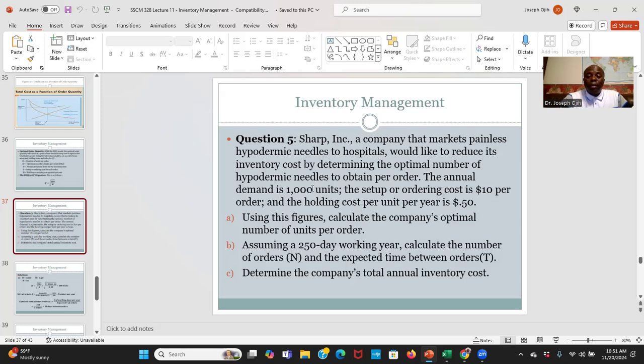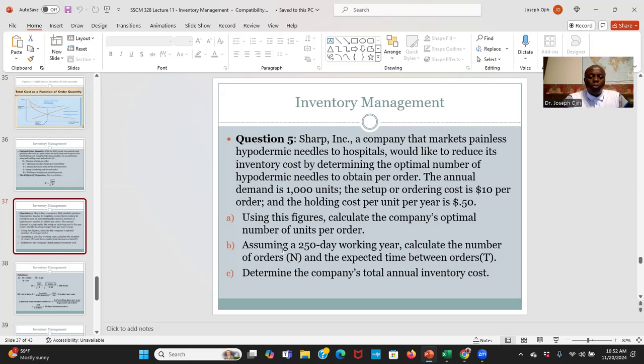The annual demand is 1,000 units. The setup or ordering cost is $10 per order, and the holding cost per unit is 50 cents. Using this information, calculate the company's optimal order quantity, optimal number of units per order.